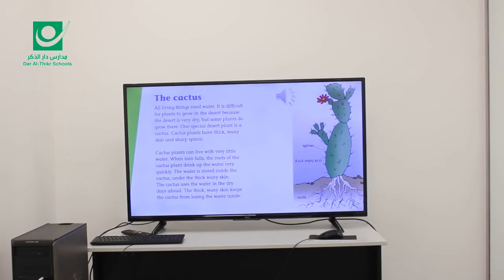Cactus plants can live with very little water. When rain falls, the roots of the cactus plant drink up the water very quickly. The water is stored inside the cactus, under the thick waxy skin. The cactus uses the water in the dry days ahead. The thick waxy skin keeps the cactus from losing the water inside.